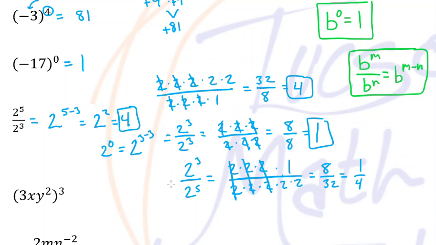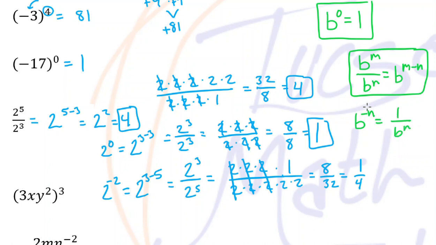But what about our rule? Let's apply the rule. 2 to the 3 minus 5 power, which is 2 to the negative 2 power. And here we have another rule coming. The negative power we just showed means that the base and the exponent are going to end up in the denominator.